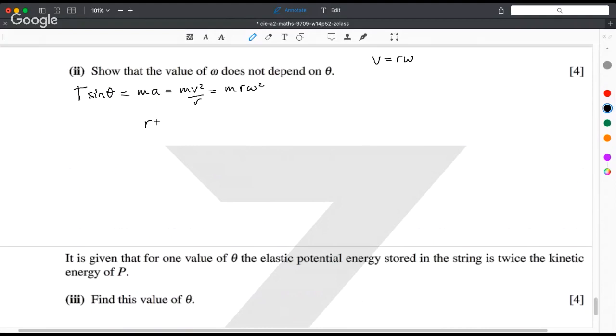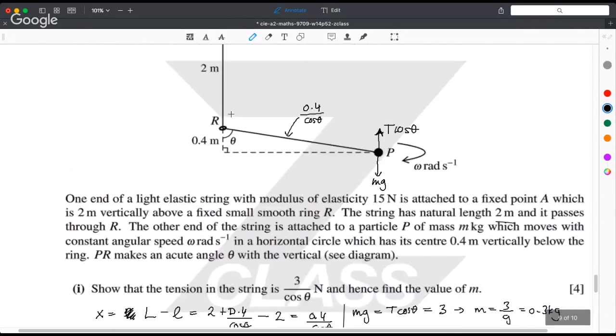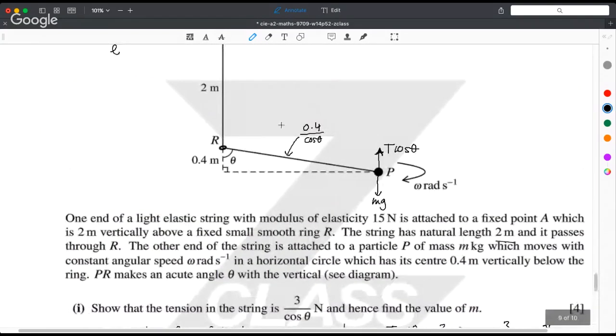Now r is equal to 0.4 over cosine of theta times sine of theta. If you look back up the diagram, the hypotenuse of this triangle is 0.4 over cosine theta, which we got at the beginning. Therefore this radius is the hypotenuse, 0.4 over cosine theta, times the sine of theta.